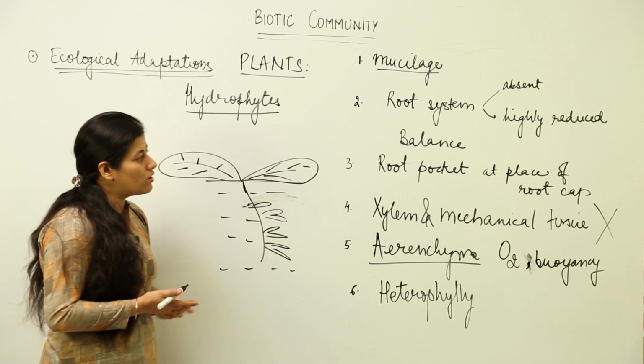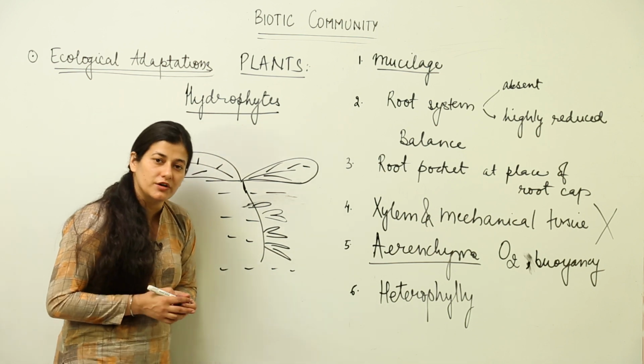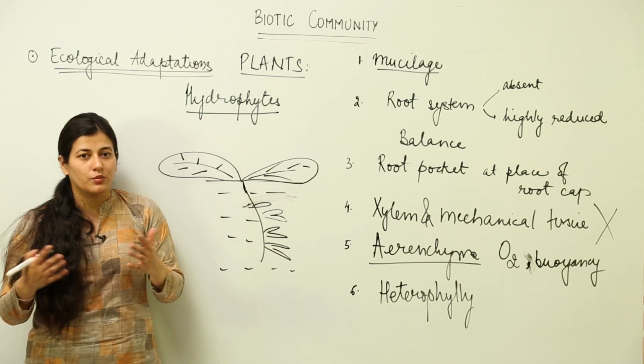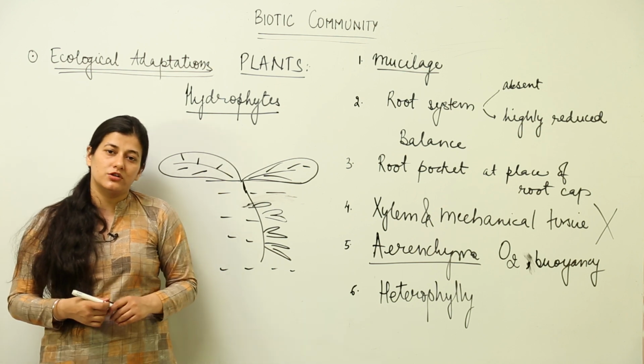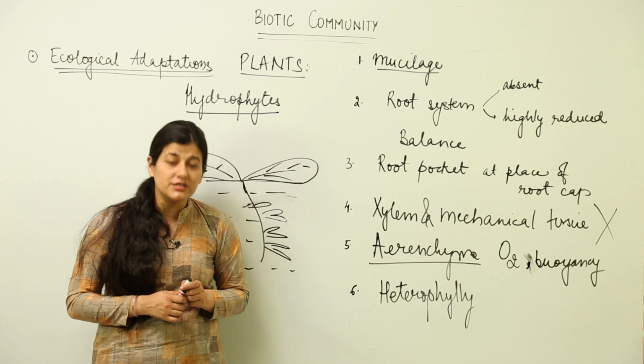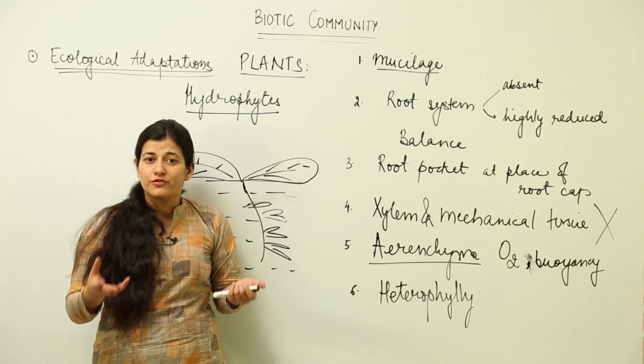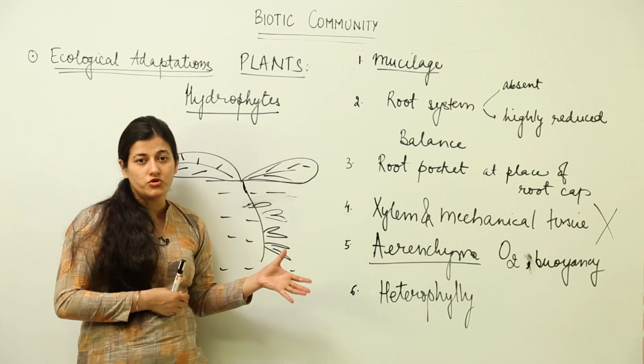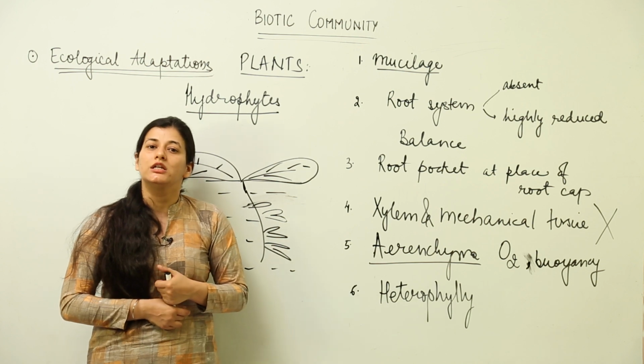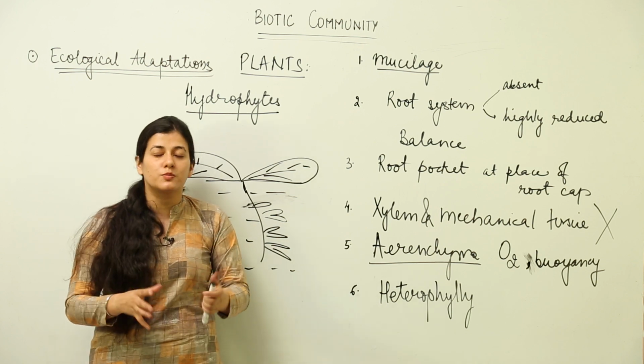So this is all about the adaptations which are found in hydrophytes, the various changes at physiological, morphological, and of course a mixture of behavioral changes that the plant shows if it has to survive within the aquatic conditions in the best possible manner.